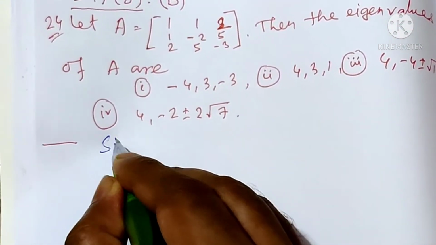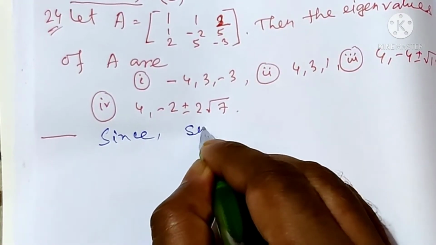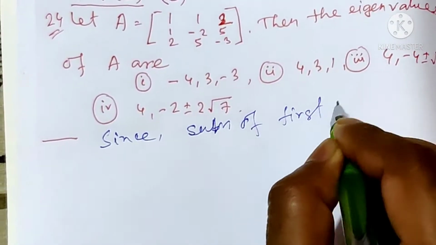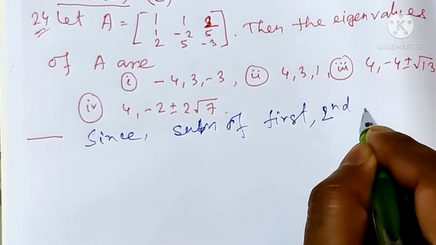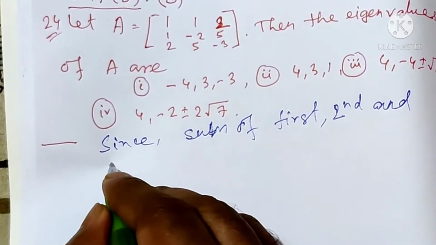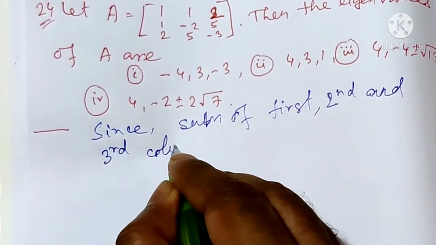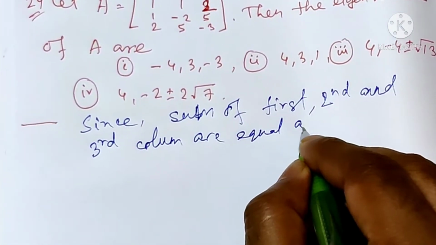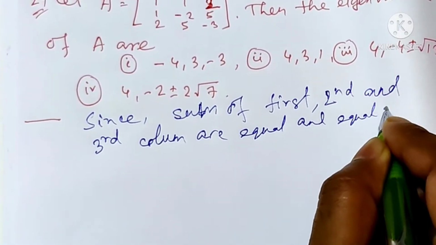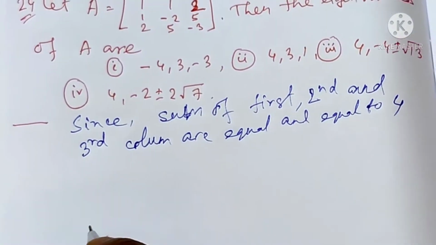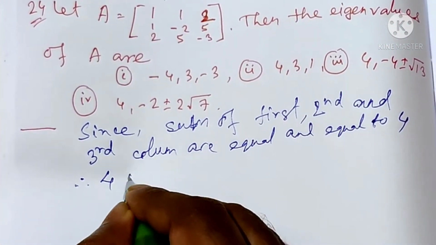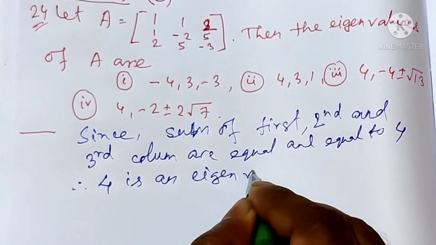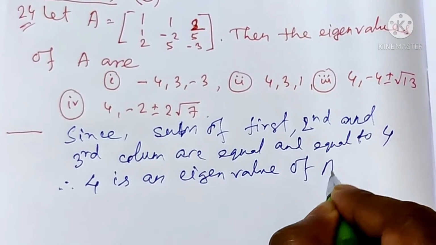Since the sums of the first, second and third columns are equal and equal to 4, therefore 4 is an eigenvalue of A.